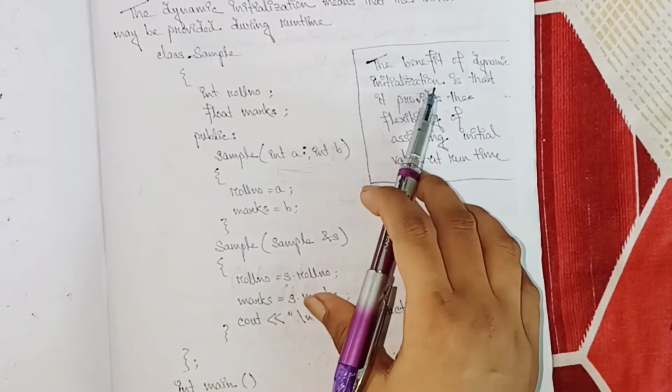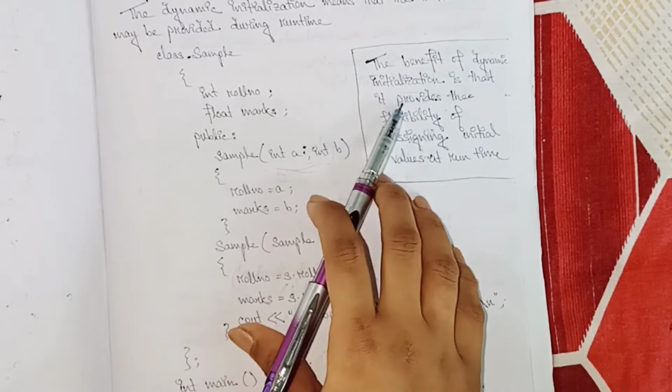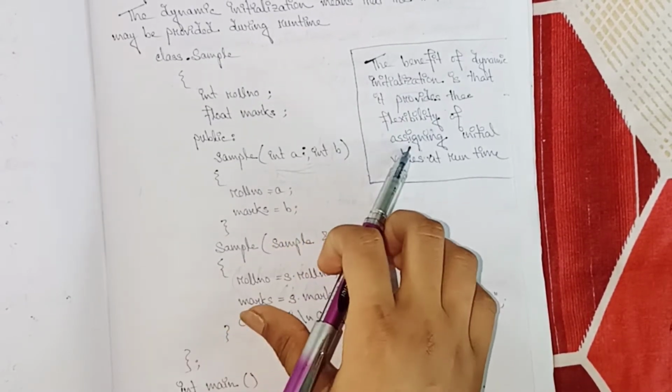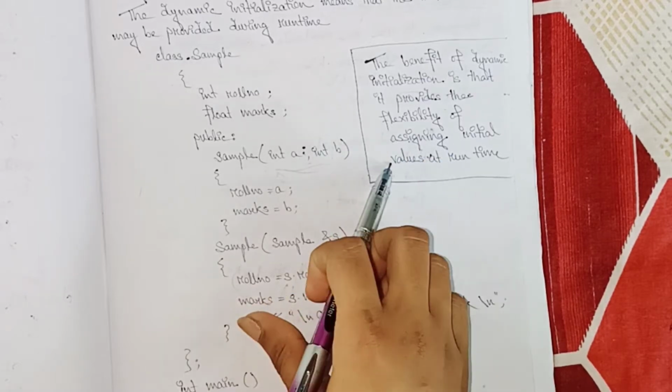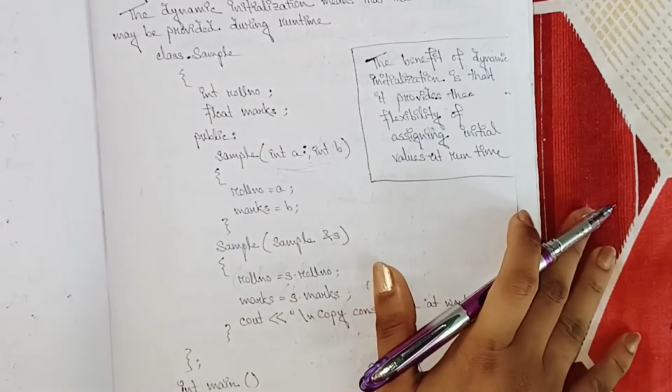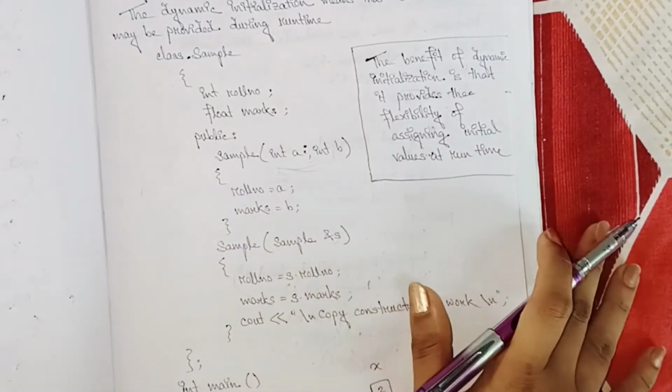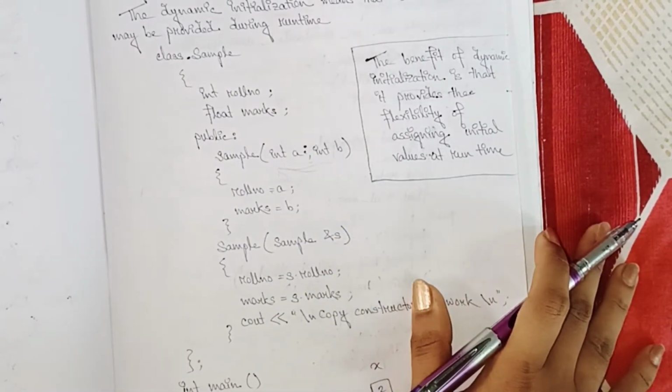The benefit of dynamic initialization is that it provides the flexibility of assigning initial values at runtime. Why does it provide flexibility? Because every time we run our program, we can change the value.